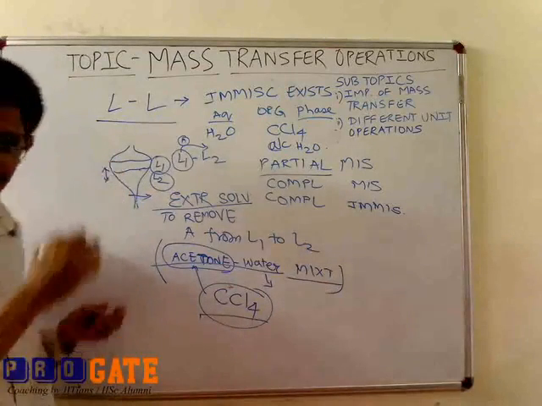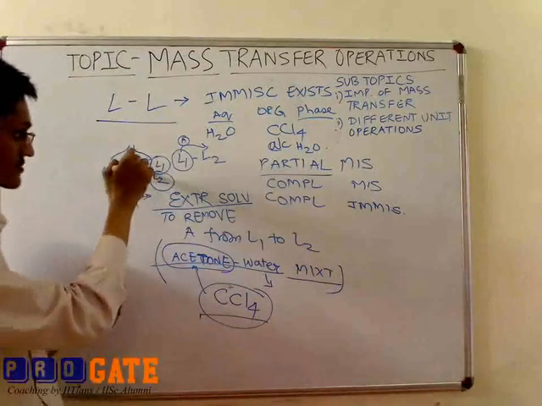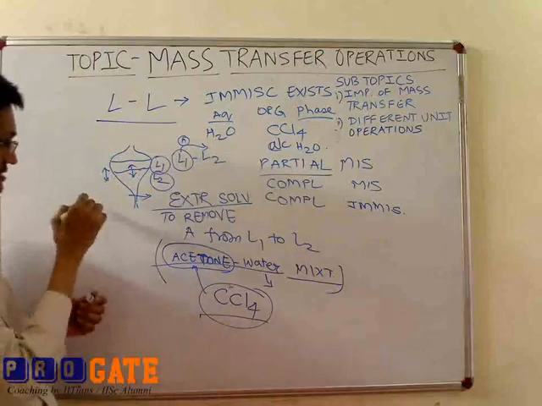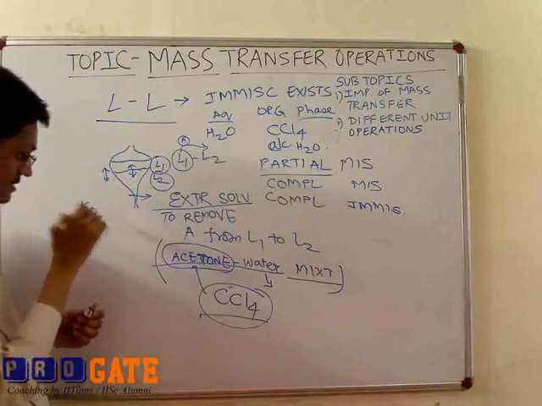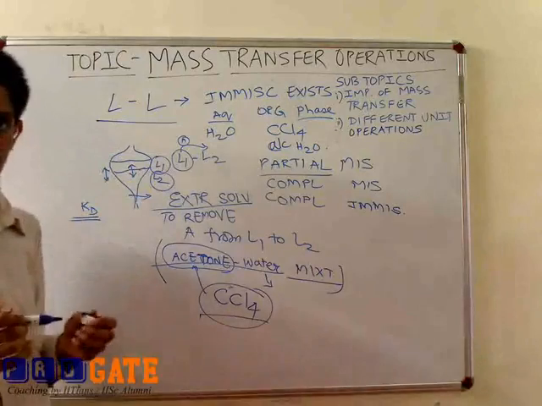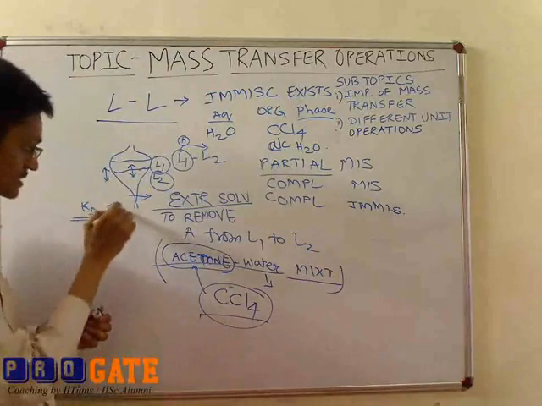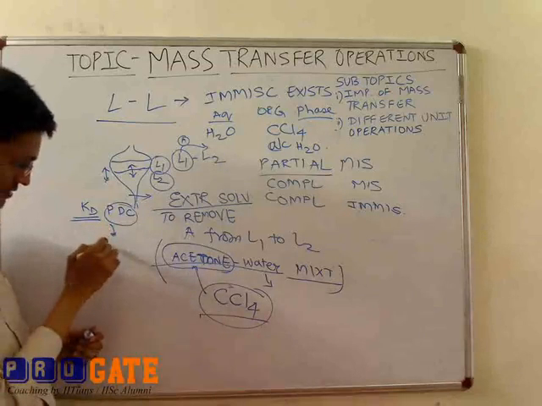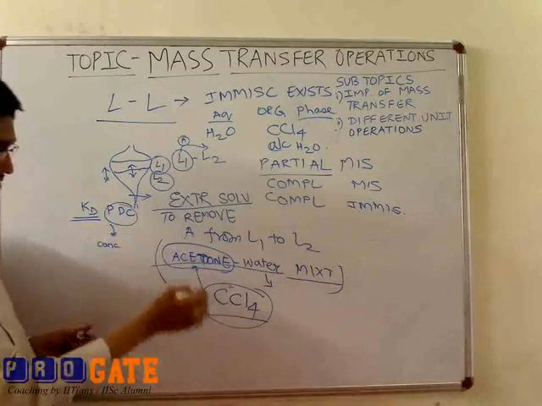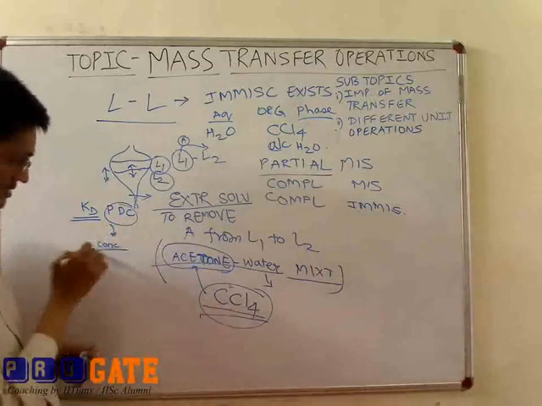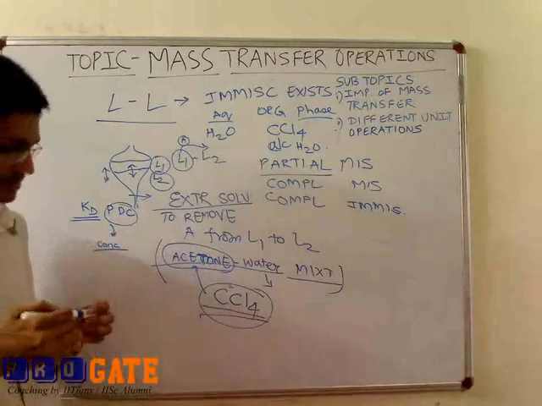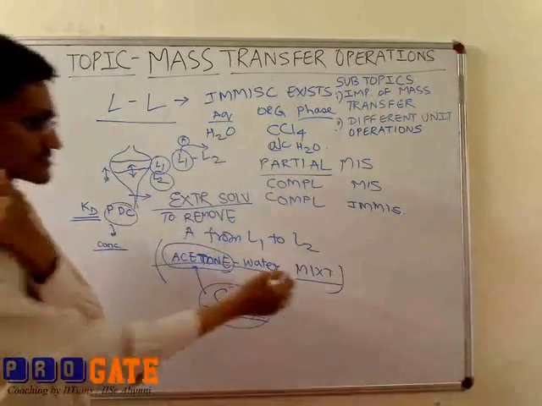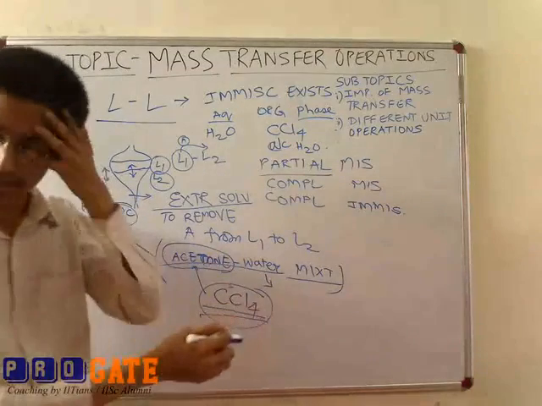The solute, which is the acetone, gets transferred between the two phases, and depending on its affinity towards the phases as well as the distribution coefficient or the partition coefficient, you finally get more of acetone in the CCl4 because of affinity towards the organic phase.